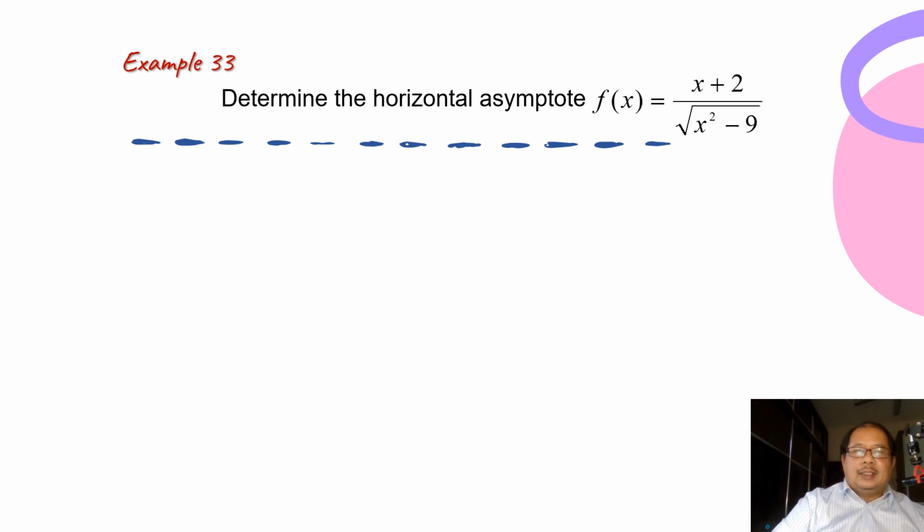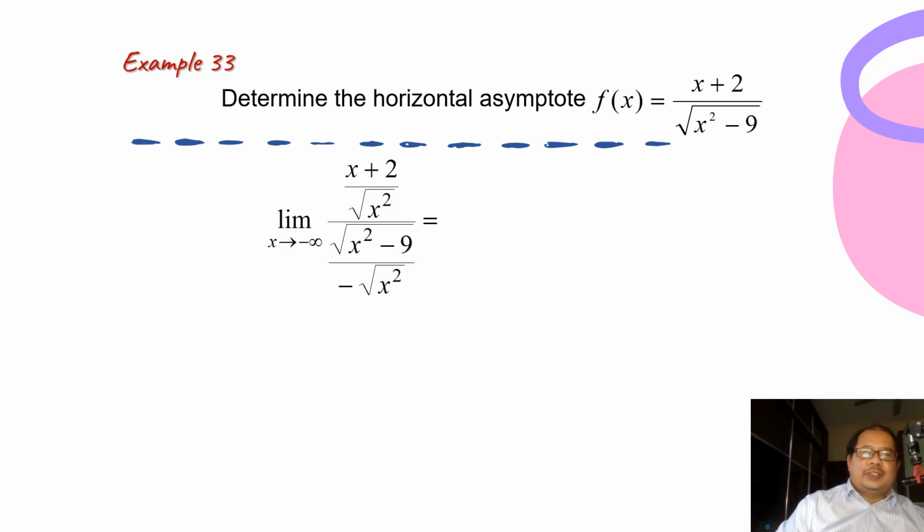Okey. Sekarang kita tengok pula apabila x pergi ke negative infinity. Limit x approaches negative infinity, x plus 2 over square root x square over negative x, minus 9 over x square. Sebab bila x pergi ke negative infinity, nilai x adalah negatif. Jadi kita tulis negative kat sini.